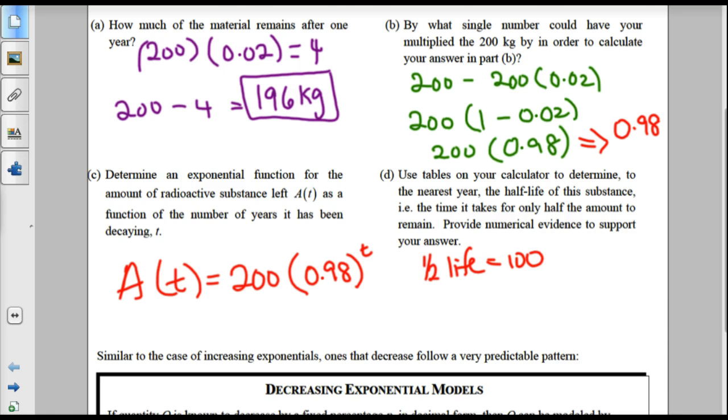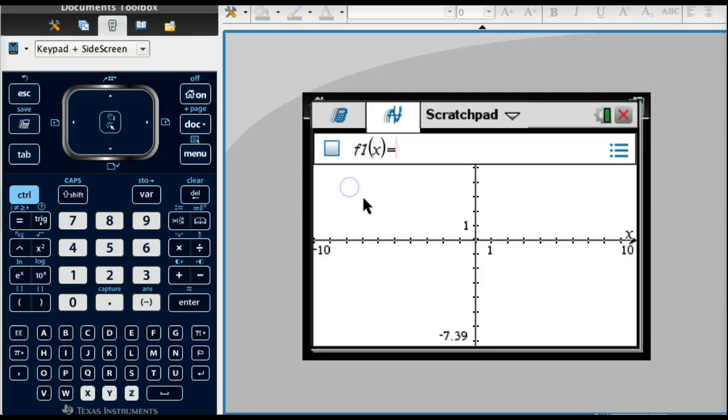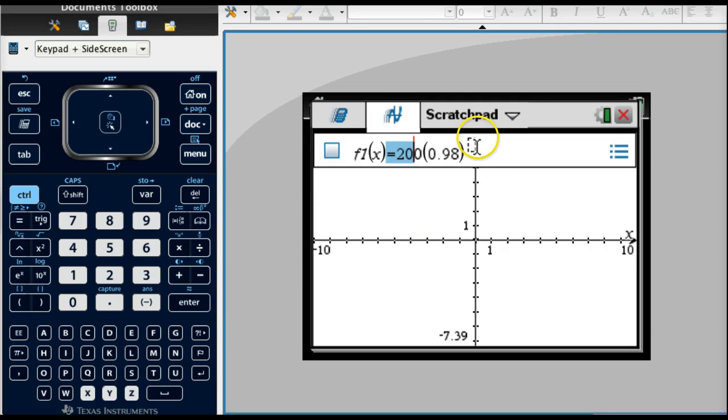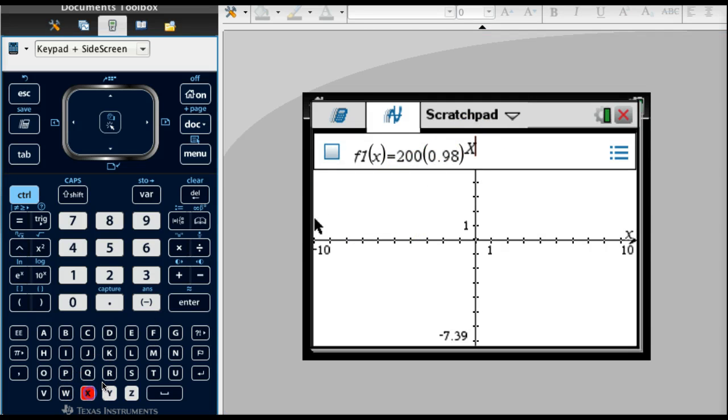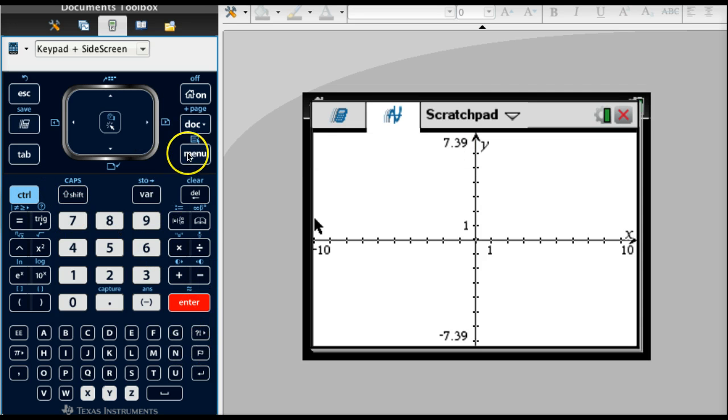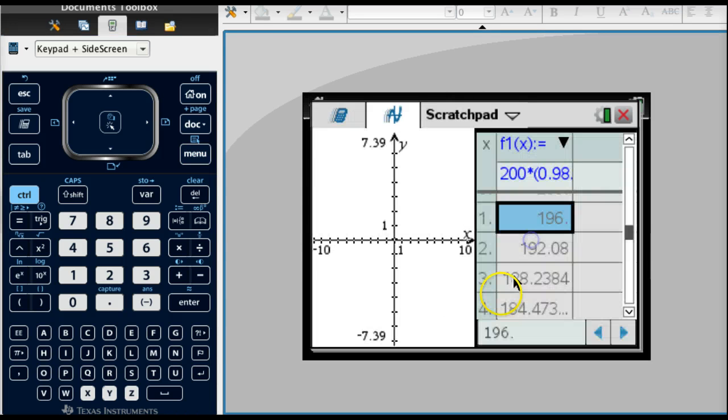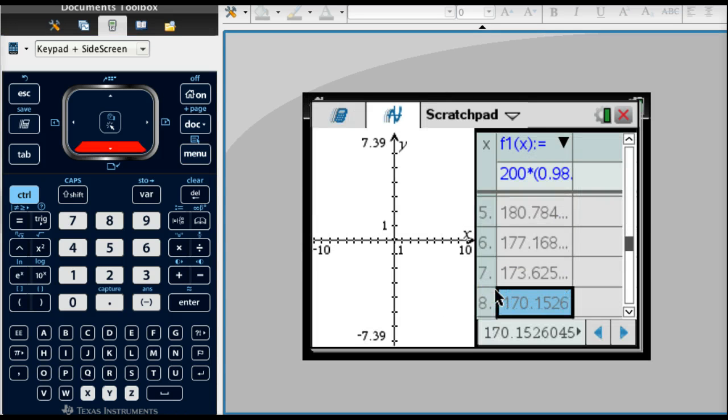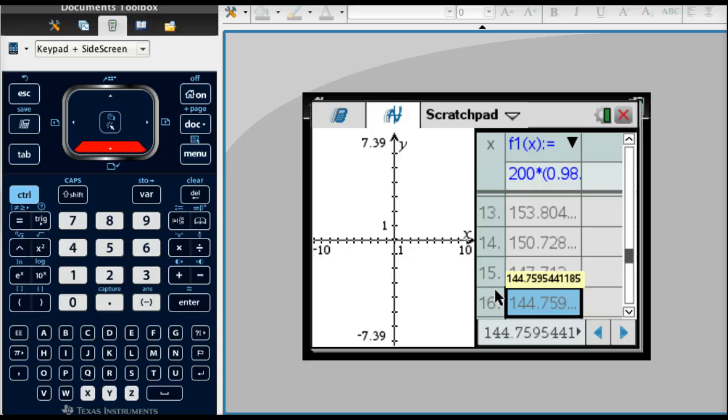So let's go back to our calculator and enter this in the graph. My original function that we said was 200 times 0.98 to the x power. Hit enter. That's okay. Table, split screen, I don't care. I want to know when this is going to be 100. So we're going to go down, down, all the way until I get close to 100.